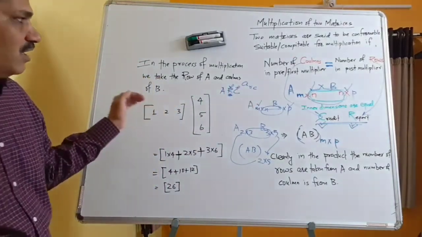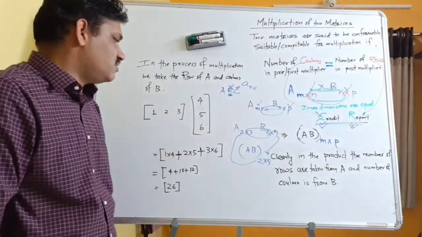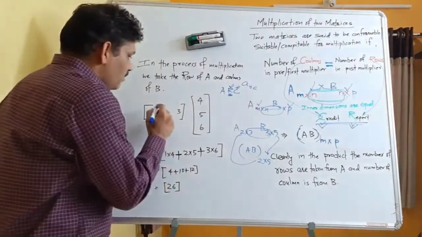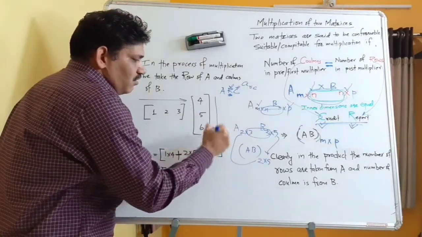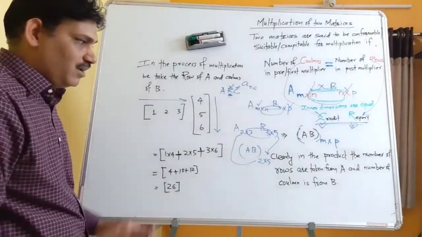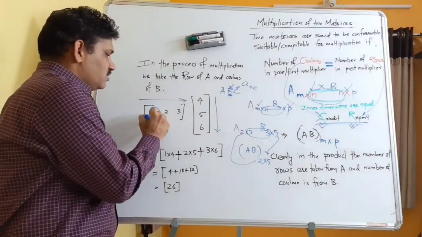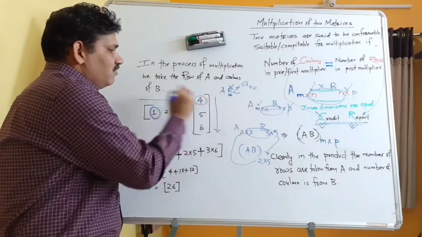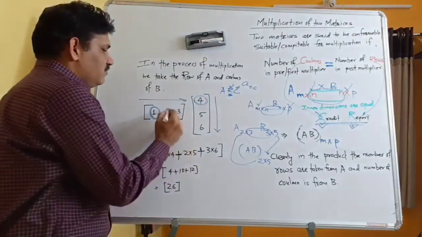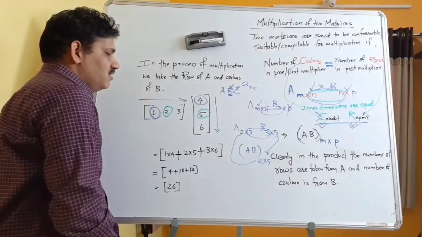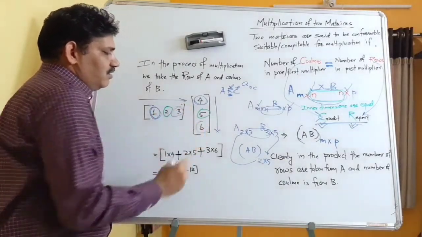Now we define the element wise product of two sets. How is it done? This is the row and this is the column which we are to multiply. How do we take the product? The first element is multiplied by the first, then the second by the second, and the third by the third.